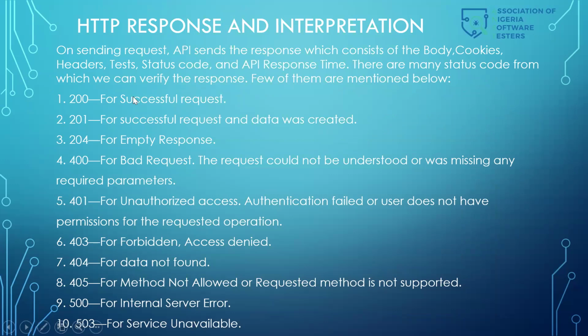So now let's talk about your HTTP method. We'll talk about what your HTTP stands for: encryption, authorization, authentication, and all. Now in API testing, it doesn't tell you things the way your front end does.